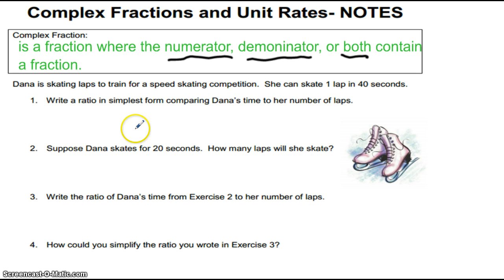That will simply be 40 over 1. Now, suppose Dana skates for 20 seconds. How many laps will she skate? If she skates for 20 seconds, that's half the time, so she would be skating 1/2 of a lap.